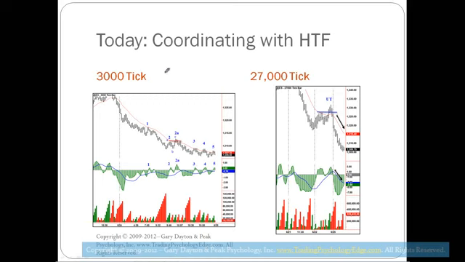And here's today, by the way. Up until the time when I stopped trading and prepping for this, I think we had one last signal here, and I think the market still went further south before the noon hour, and I haven't really looked at it since then. But you can see that on the 27,000 tick chart, we get that A, B, C up thrust in a downtrend.